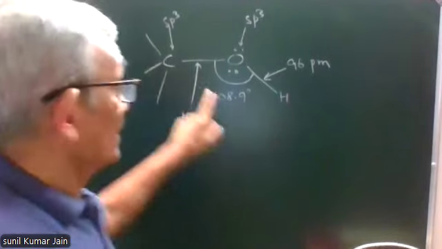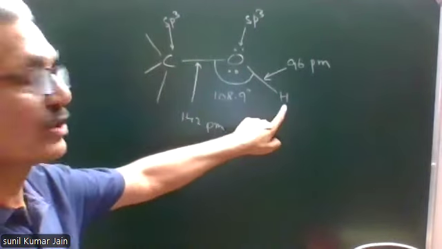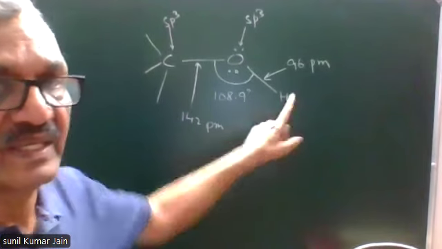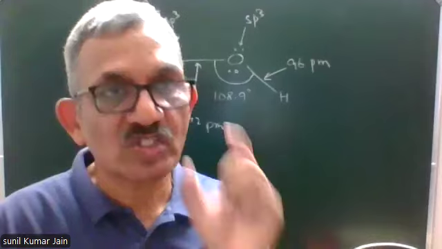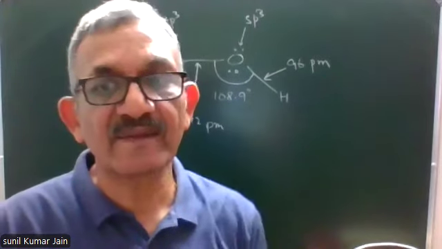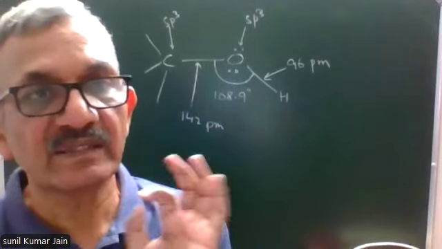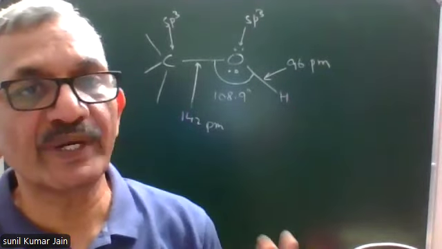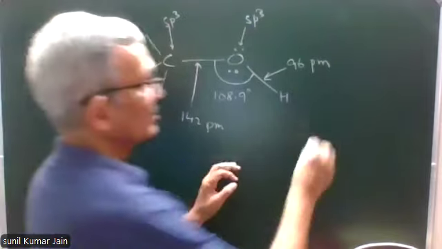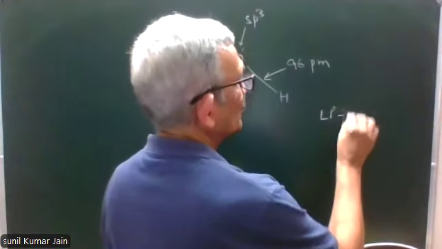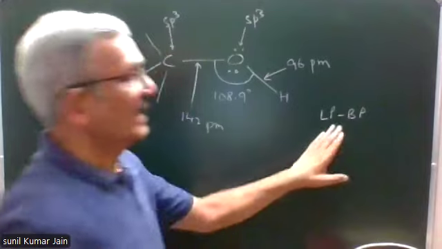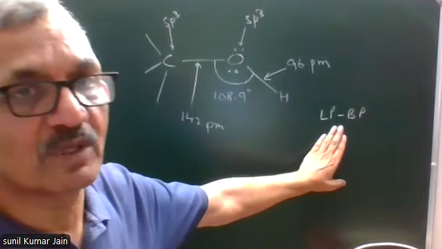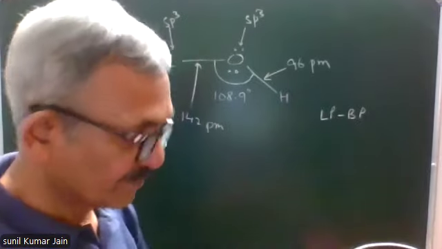Write: the COH bond angle is slightly less than 109.28 degrees due to LP-BP repulsions, lone pair bond pair repulsions.